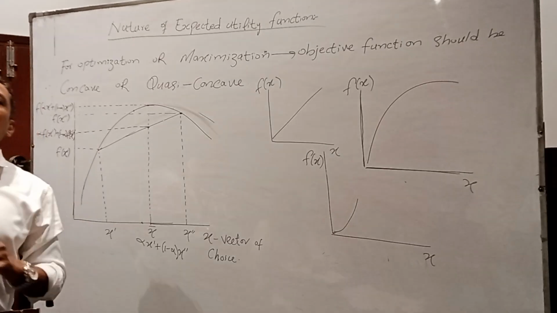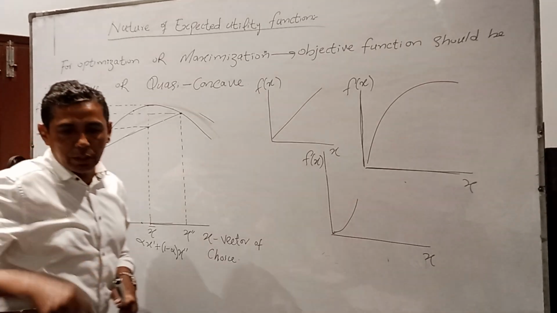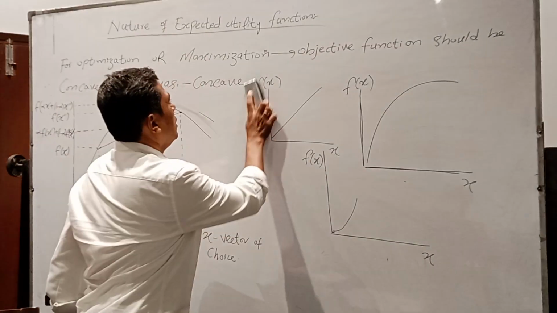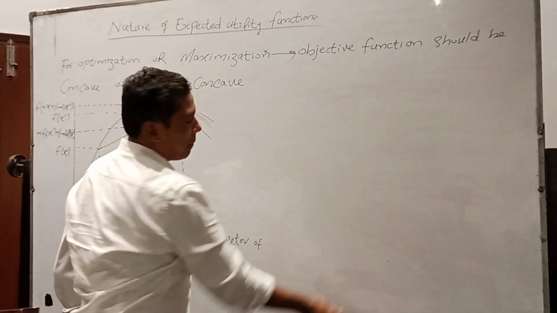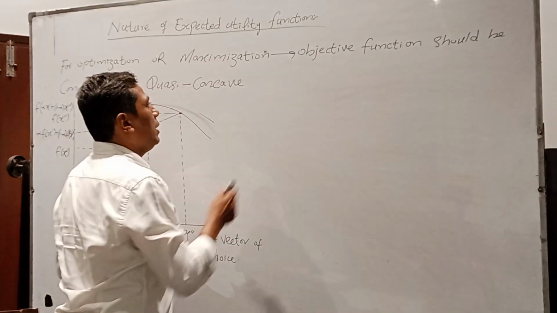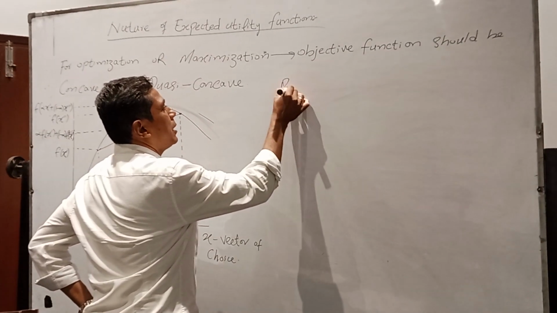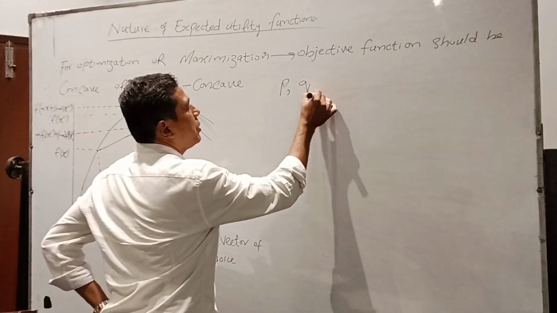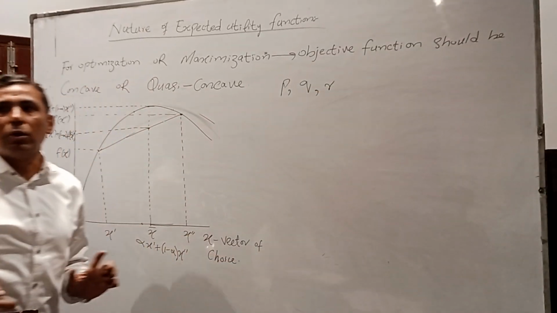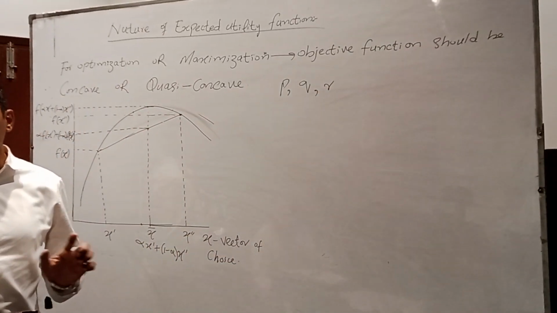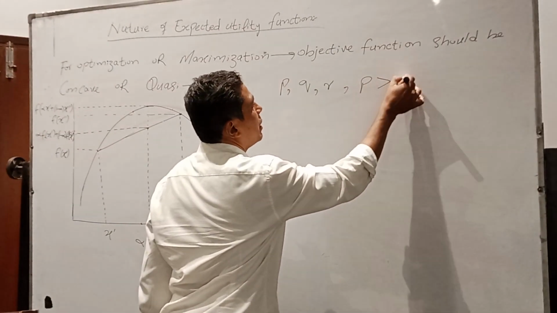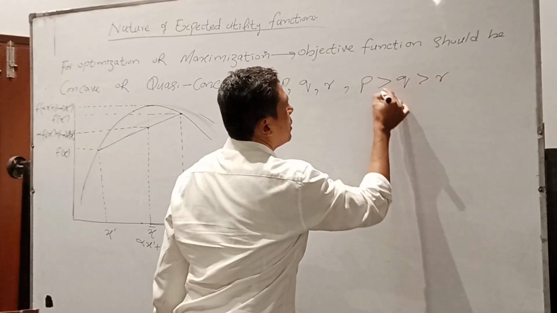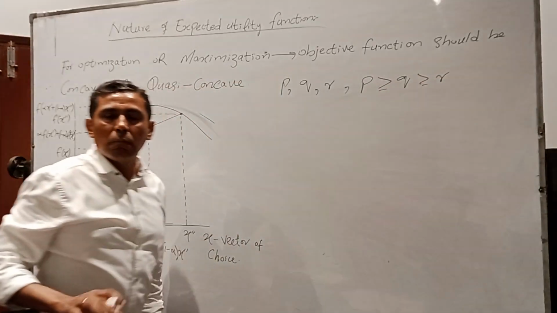Clear? Recall your lottery. What was the lot in case of the lottery? We select P and Q. P, Q, R. These were three lotteries. Clear? We assume this. And what were the conditions there? P. Am I right? Clear?